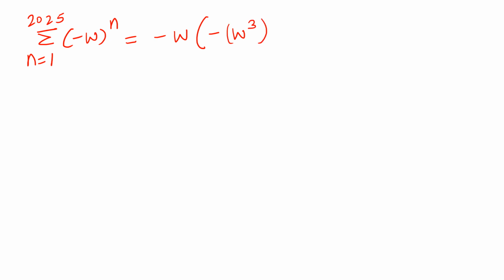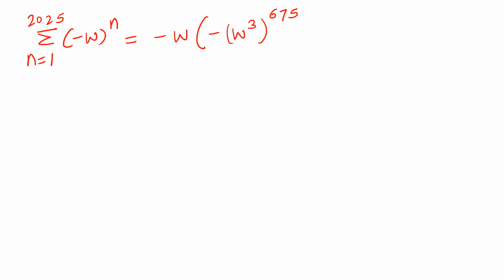Now students, we move further. The summation of minus omega to the power n, where n varies from 1 to 2025, is equal to minus omega into the bracket minus omega to the power 2025. Now it can be written as minus into omega cube to the power 675, because 2025 is a multiple of 3.